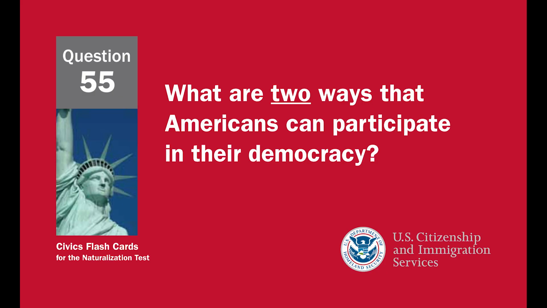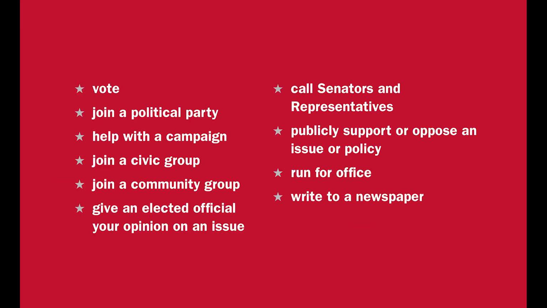What are two ways that Americans can participate in their democracy? Vote. Join a political party. Help with a campaign. Join a civic group. Join a community group. Give an elected official your opinion on an issue. Call senators and representatives.